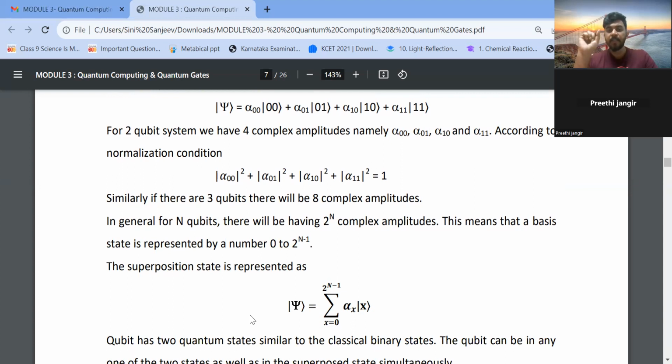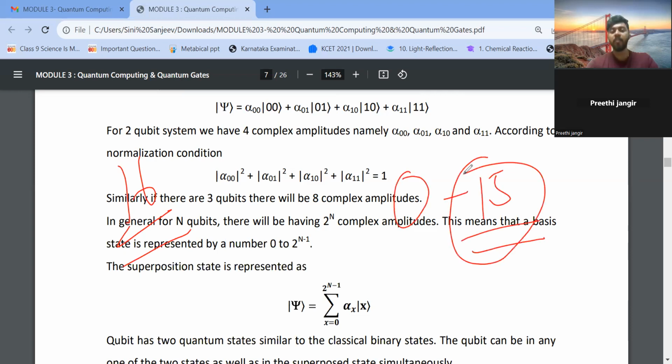That same thing, if there are 2 power n complex amplitudes, then for example, if it is hexadecimal, hexadecimal is 16, but we'll only be doing 0 to 15, right? How am I getting 15? Basically, 16 minus 1 is 15.